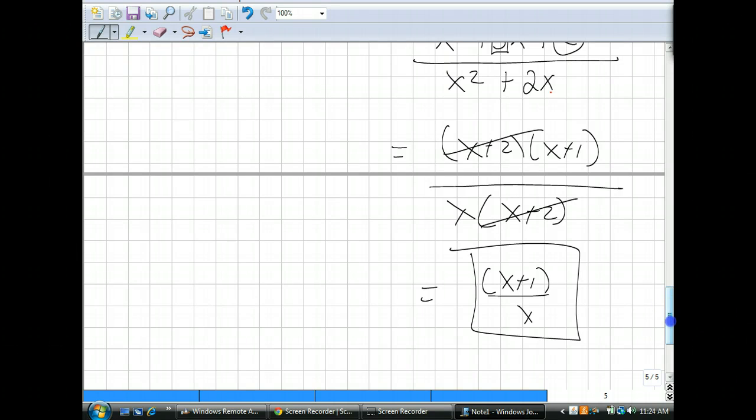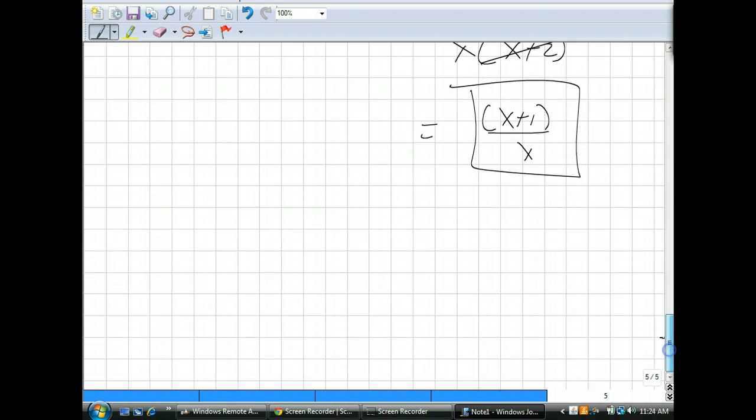And one last one, number 4. I have k plus 1 over k minus 2 over k squared over k minus 2 plus 1.